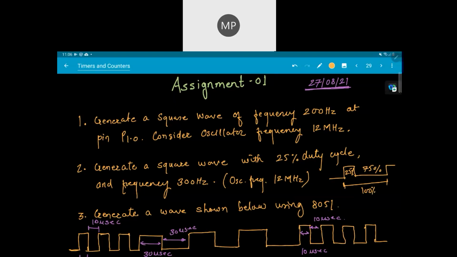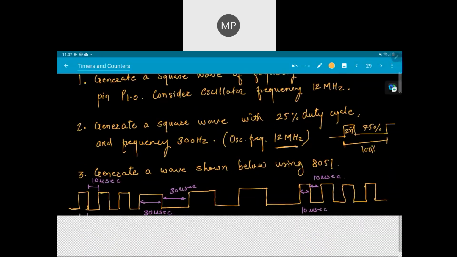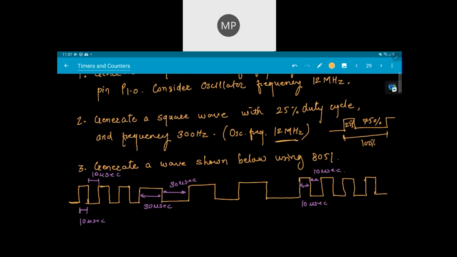So you have to create a square wave with a 25% duty cycle and a frequency 300 Hz. Again, the oscillator frequency is 12 megahertz. Then third is generate a wave shown below using 8051. So you see there are basically two parts. First wave with 3 pulses having the width of this pulse equal to 10 microseconds, and then in second part up to this point the width of this pulse is 30 microseconds, right?